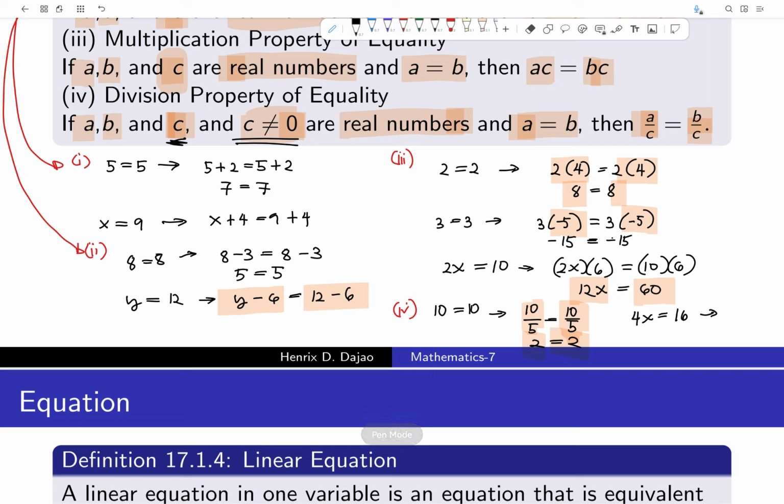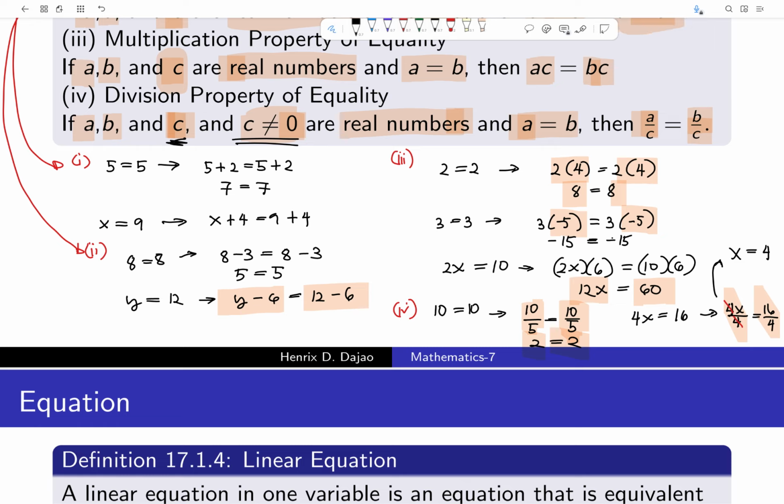This becomes 4x over 4, equal to 16 over 4. According to the division property of equality, this expression is equal to 16 over 4. If you simplify, you just cancel this out. 4 divided by 4 is equal to 1, so 1x, and you know 1x is just the same as x, right? So this becomes x, and 16 over 4 becomes 4.